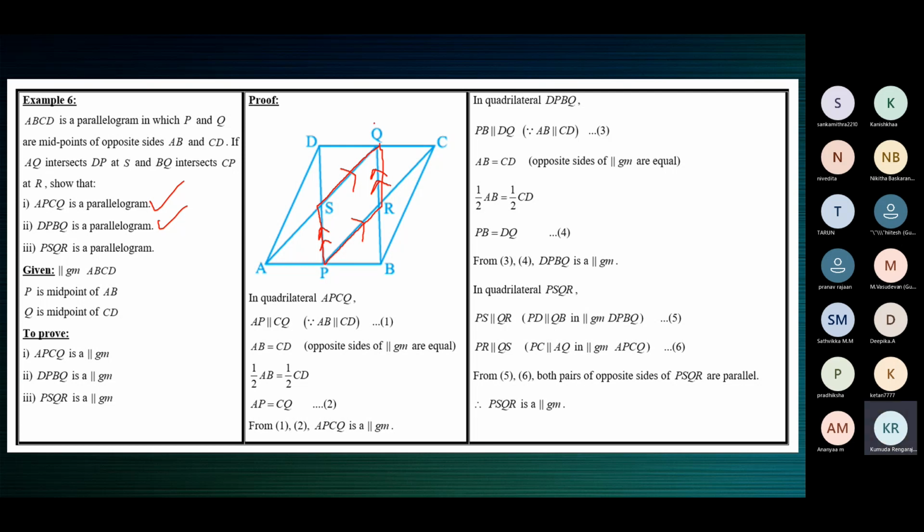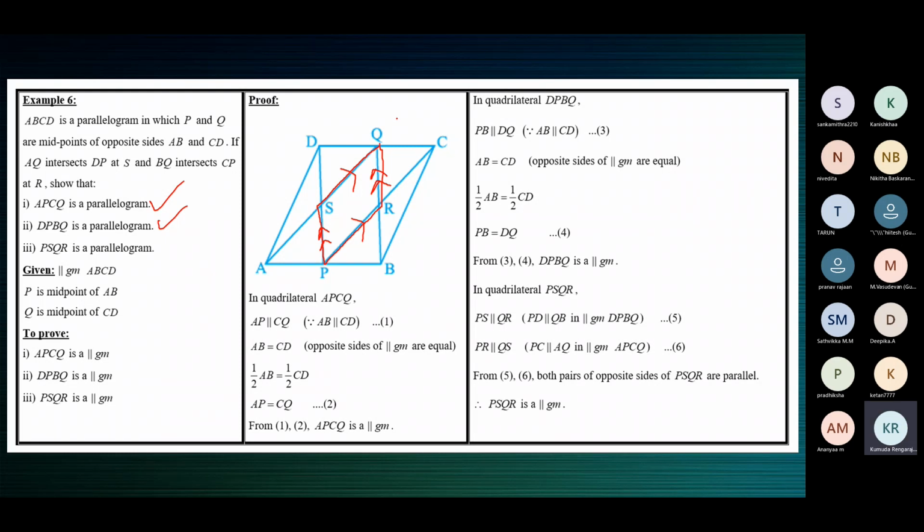But how do you know that SQ is parallel to PR? SQ is a part of which line segment? AQ. And PR is a part of CP.